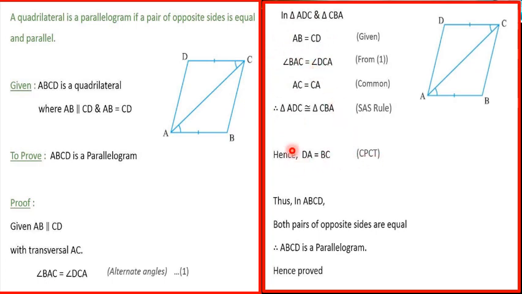So we will be writing DA is equal to CB. DA is equal to CB or BC. That is by CPCT. What is CPCT? Corresponding parts of congruent triangles. Since you have proved the congruency of these two triangles, you can write DA is equal to BC according to CPCT.